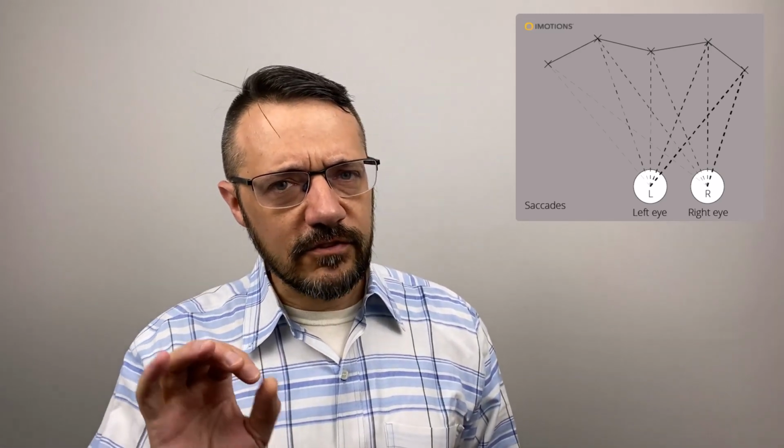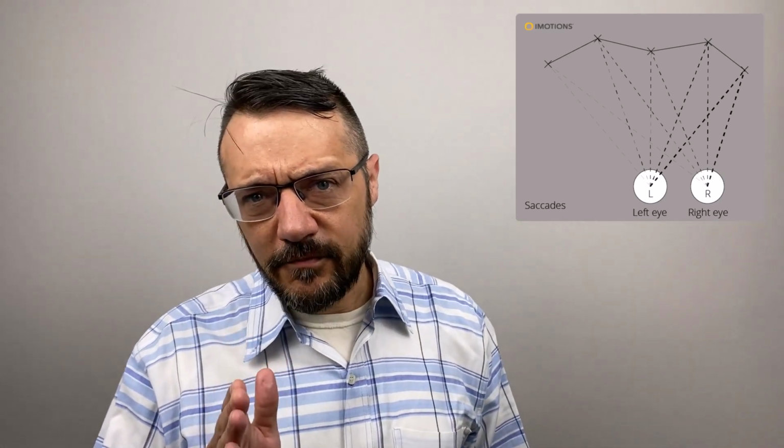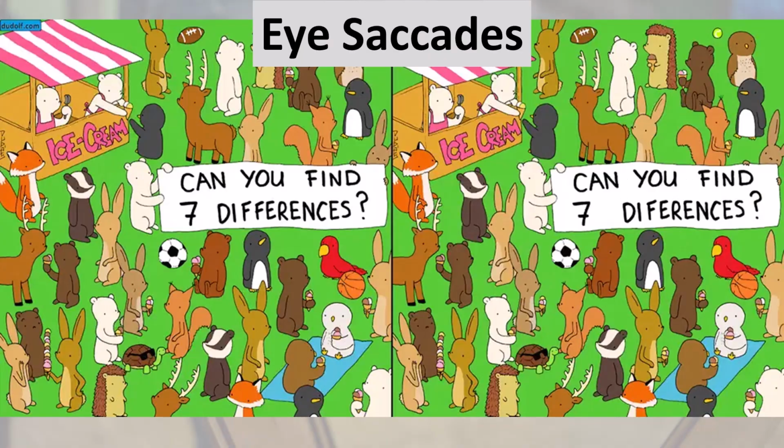In effect, when your eyeballs move, your brain edits out a few microseconds of the resulting image. And this process of editing out information tends to disrupt your memory of what you were looking at just before your eyeballs moved. In fact, this little foible about how the human brain processes visual information is the basis of those children's games where you have to find the differences between two images.